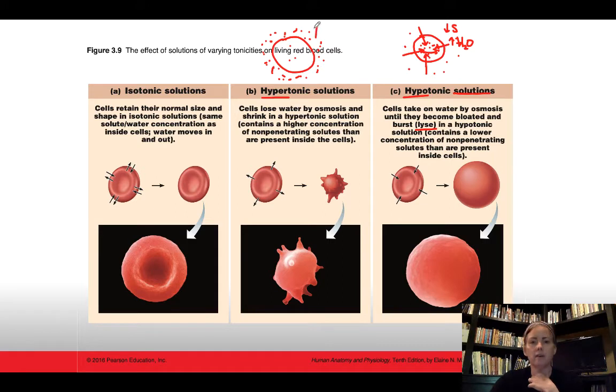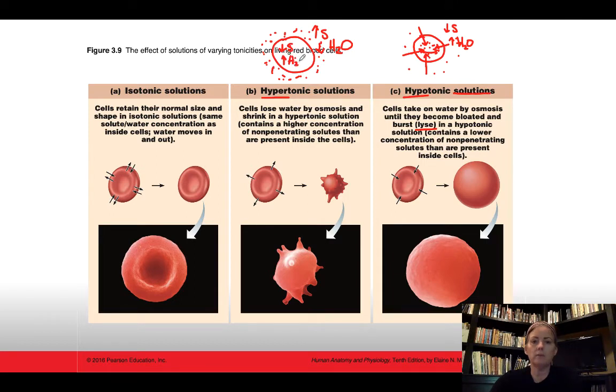So outside the cell, we've got increased solutes, and as a result, because of their inverse relationship, we've got decreased water. Okay, we have exactly the opposite scenario that's going on inside the cell. So inside the cell, we've got decreased solutes and increased water.